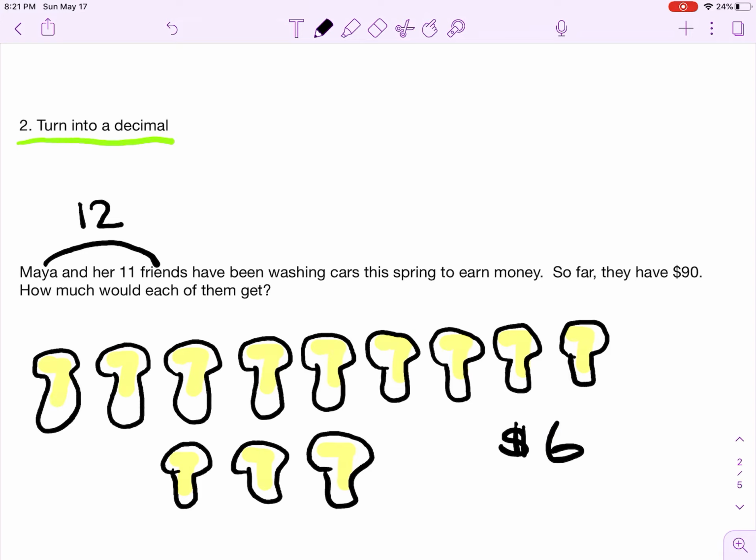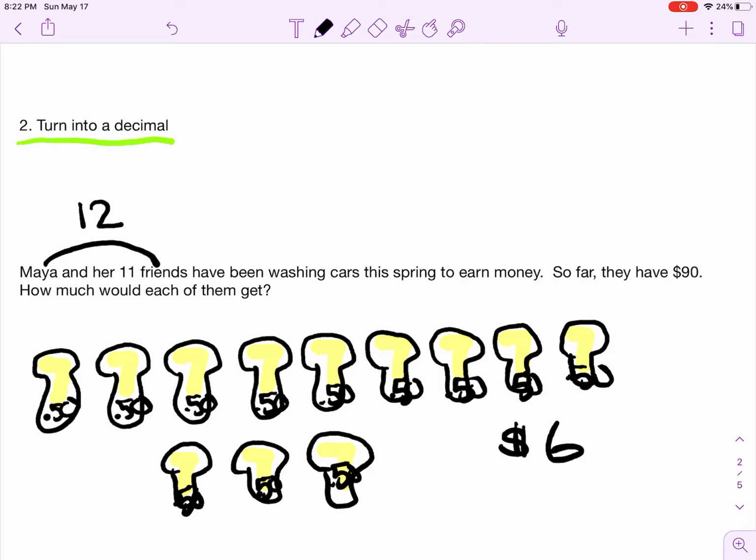I could take that $6 and I could divide it evenly as a decimal so that each person would get another 50 cents in their bag. So I could put 50 cents in each. So if I'm counting up, that would be $1 extra, $2 extra, $3 extra, $4 extra, $5 extra, and finally $6 extra.